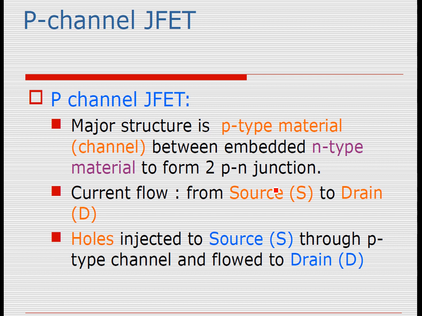Next, the p-channel JFET. The structure is similar to the n-channel JFET. The only difference is that here the p-type channel is embedded between n-type material to form two p-n junctions, and the current flow is opposite to the n-channel JFET, that is from source to drain. Holes are injected at the source through the p-type channel and flow to the drain.